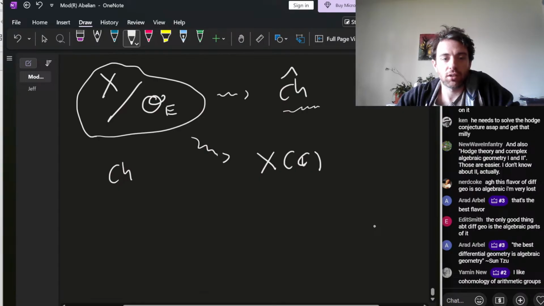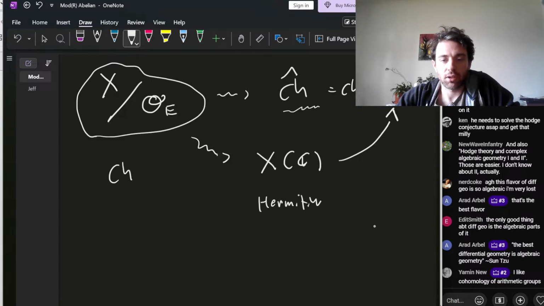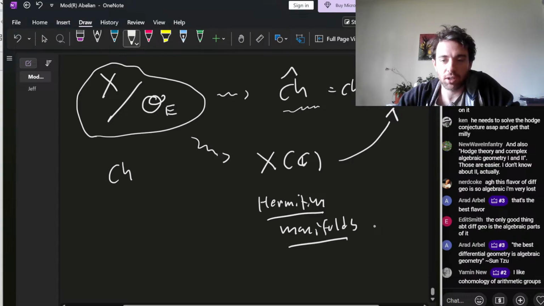And then the idea of the arithmetic Chow group is that somehow you bump it up so that this data is parts of the original Chow group, but then there's some extra data coming here. These all turn out to be Hermitian manifolds.